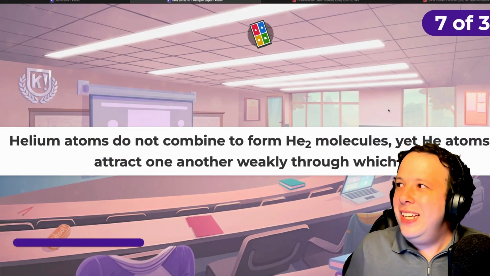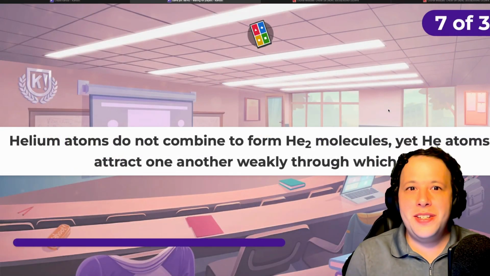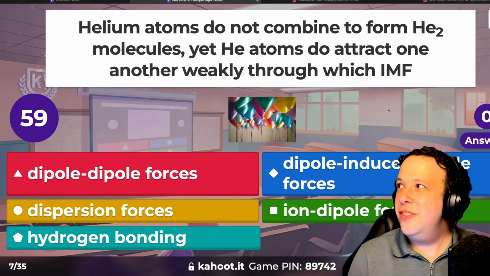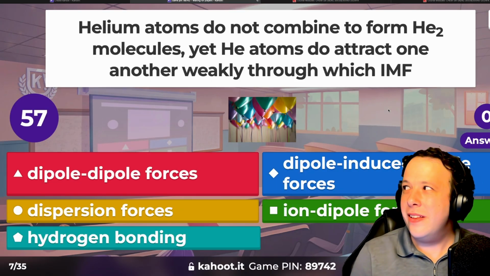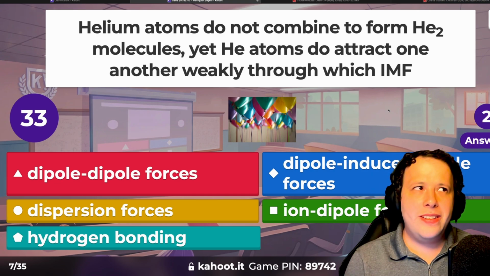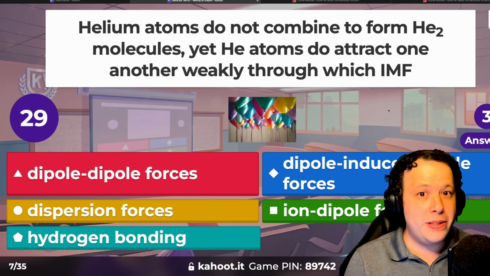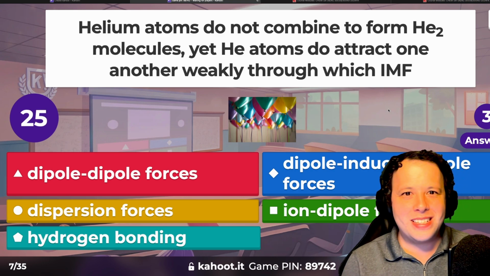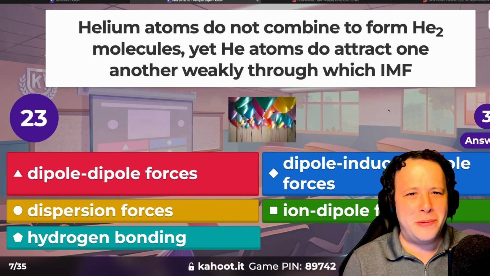All right. Helium atoms do not combine to form helium-2 molecules, yet helium atoms do attract one another weakly through which intermolecular force? This is when, in class in the videos, we talked about something called polarizability. I used maybe not the best example of coin flips to describe which side the electrons would be on.